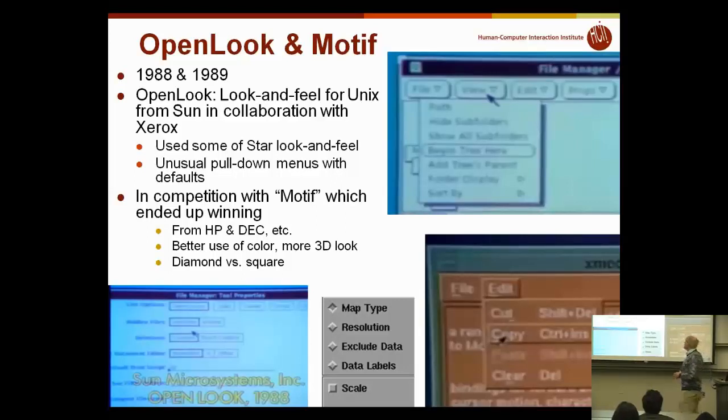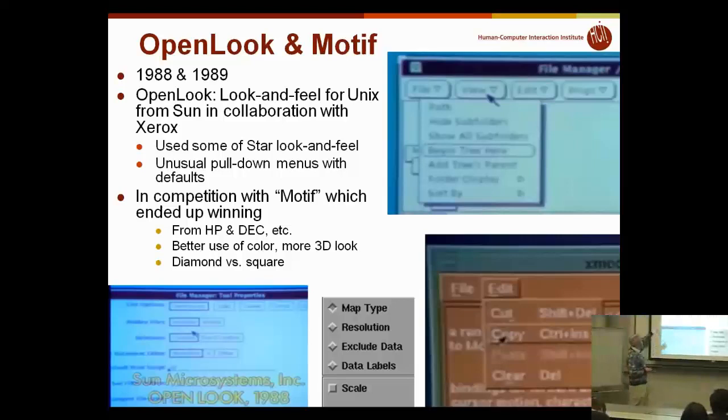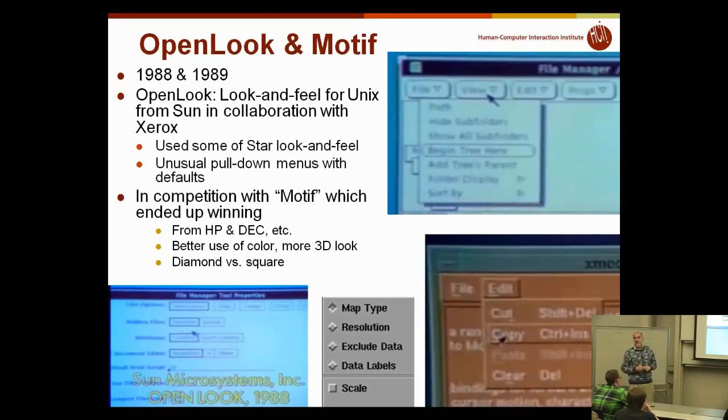So the industry got together and formed these consortiums, but they couldn't even agree, so they came up with 2 standards. Sun and Xerox, actually, and a few other companies formed what they called the Open Look Foundation, which built this set of look and feels up here that kind of looked like the Star, because they had Xerox people involved.